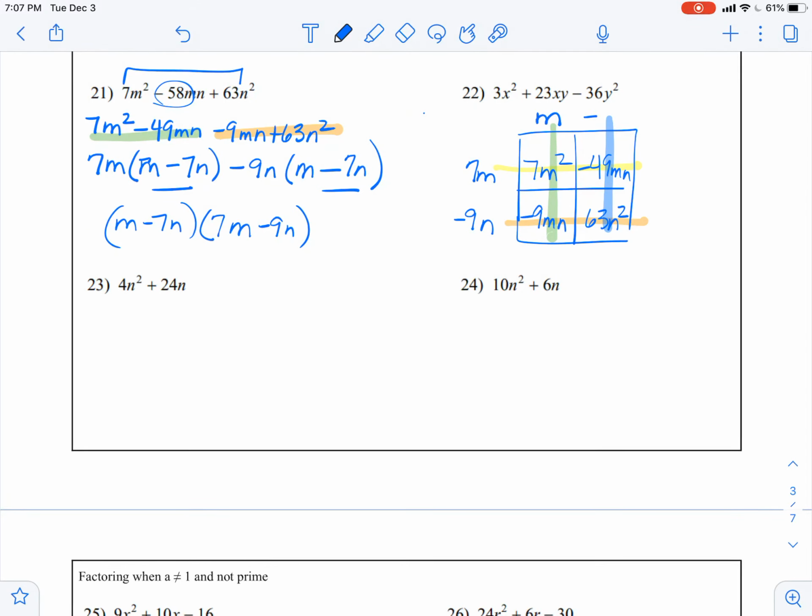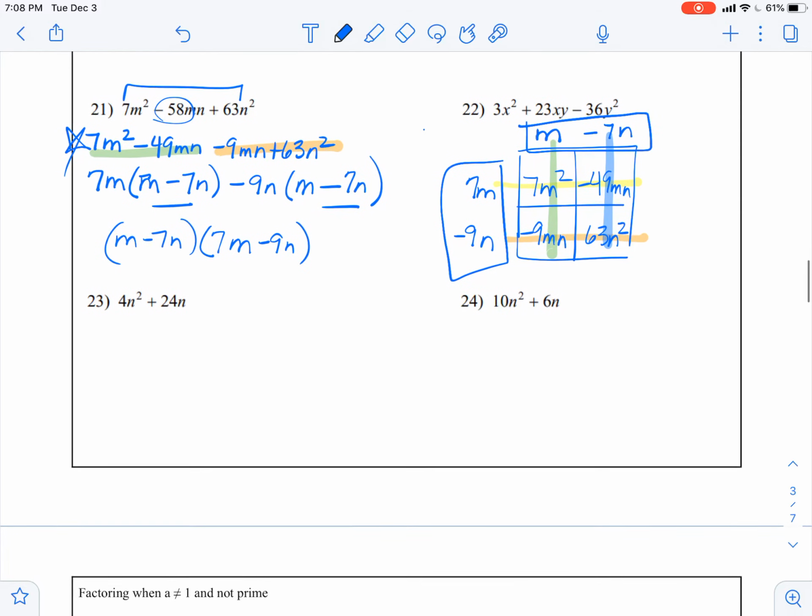Looks like 7 will go into both of those, and an n. And when I am done, there's my 7m minus 9n, and there is my m minus 7n. So I honestly think the box method is easier once you get this step here.